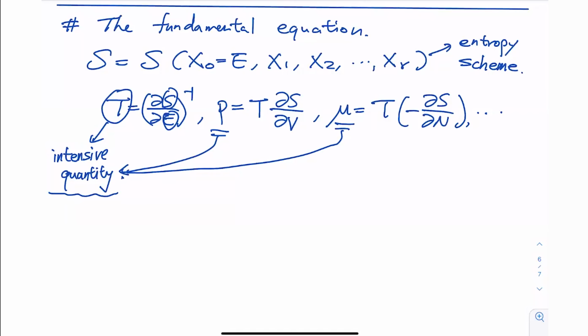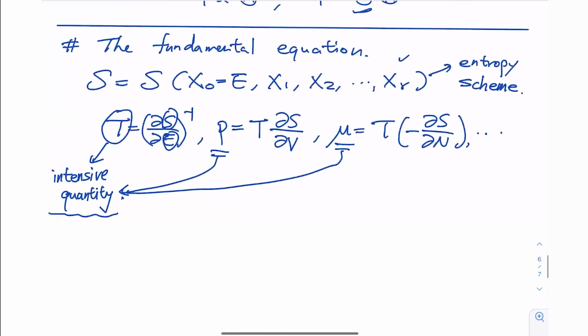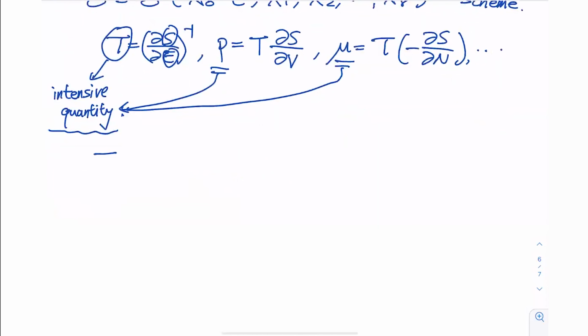The idea is that using this expression of our entropy, we can express the temperature as a function of the internal energy, the volume, and the particle numbers. Once you have this relation, you can invert it and construct the internal energy as a function of the temperature, particle number and volume.